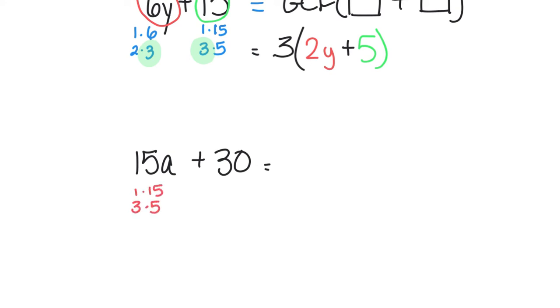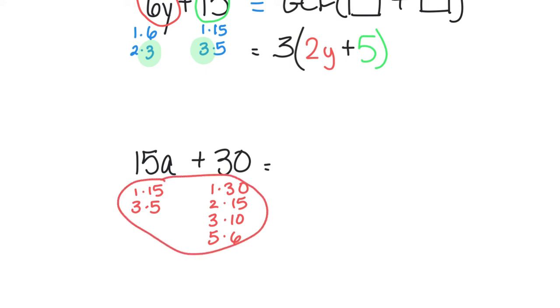Okay, what times what gives me 30? 1 and 30, 2 and 15, 3 and 10, and 5 and 6. So the ones that I'm putting underneath are my factors, aren't they? So these are the factors of each term right here.